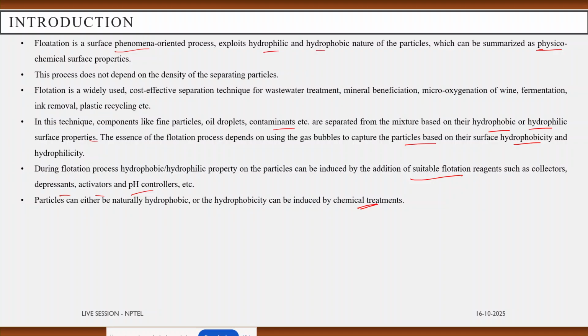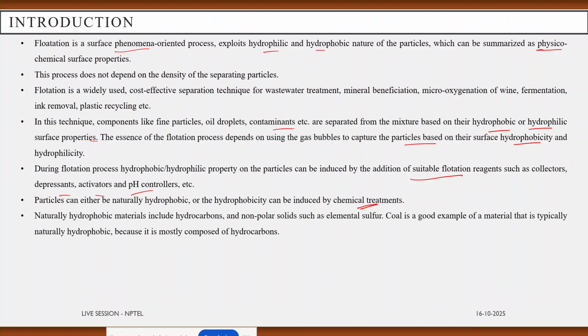So if your desired particle is not hydrophobic by inherent nature, then we have to do some chemical treatment to make it hydrophobic. Some naturally occurring hydrophobic materials are hydrocarbons and non-polar solids like elemental sulfur. So these are hydrophobic in nature.